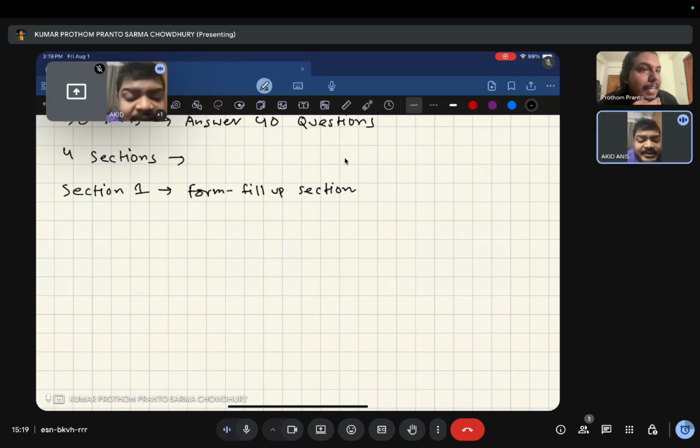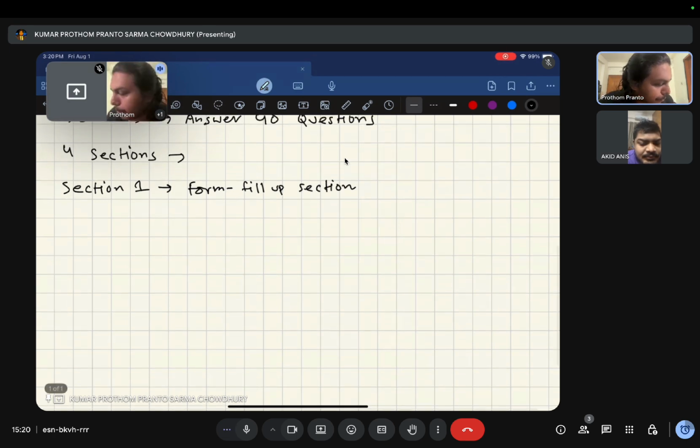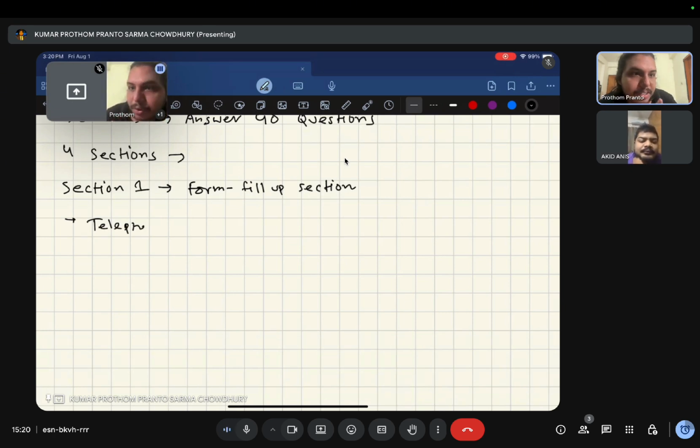They'll greet you and probably hand you a registration form of some kind. Section 1 is kind of like that. You have to fill up a form of a kind. It can be a telephone conversation, maybe you're phoning someone and they're instructing you about something, and you have to fill up this form.